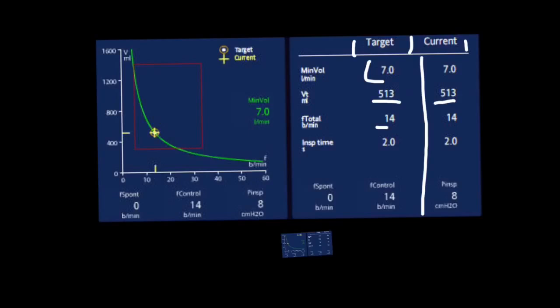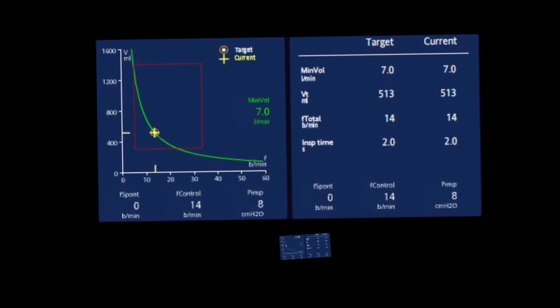It gives a respiratory rate to get that minute ventilation, and it sets my inspiratory time also. And in my graph over here, this is the least work of breathing graph. This plot is the target and the patient, and for these patients' lung mechanics, this is the least work of breathing pattern, a respiratory rate of 14 and a tidal volume of approximately 513.